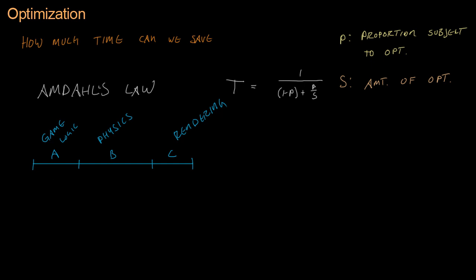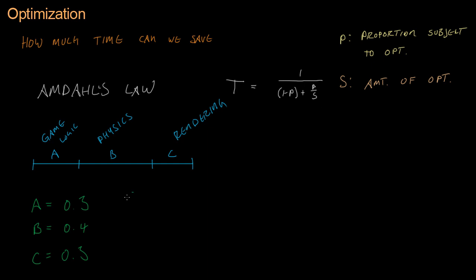So let's say that part A takes 0.3 proportion of our program. In other words, 30% of the time part A will run. That is the game logic. 0.4 of the time, in other words, 40% of the time, the physics will run, and 0.3 of the time, the rendering will run.